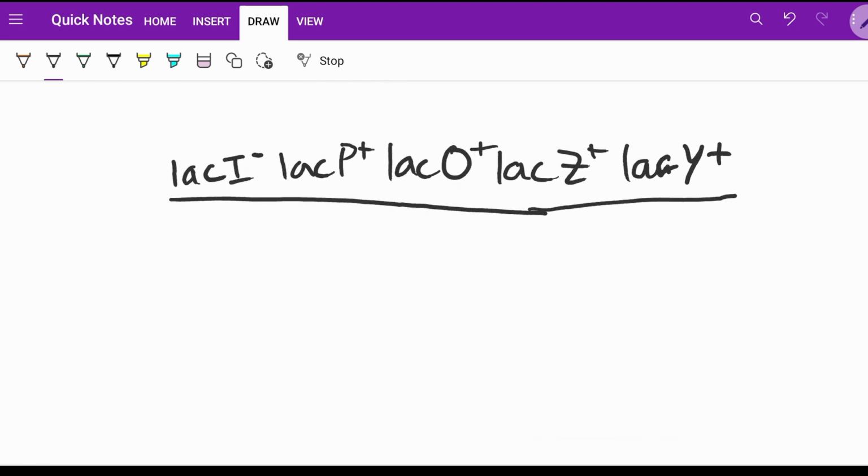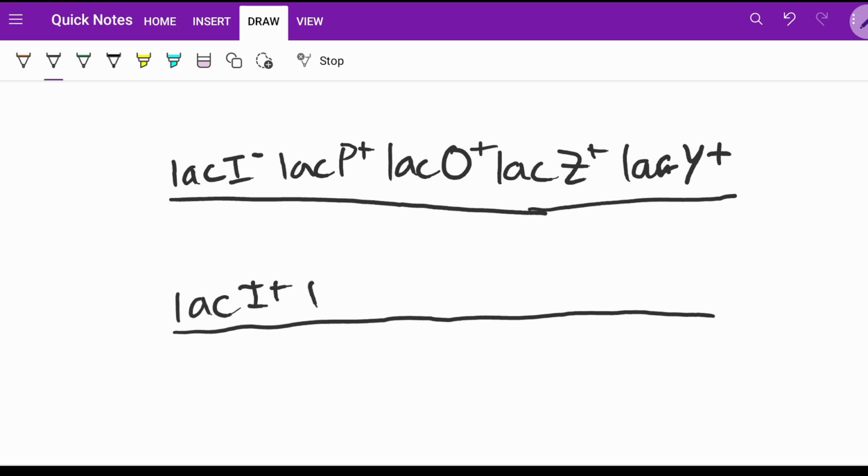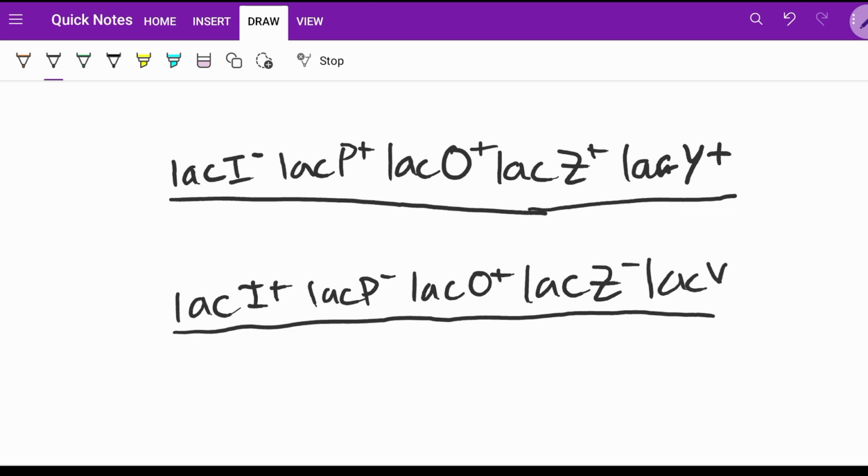And then we can also sometimes have these things called F plasmids. I will go into this more in the review video, but basically these plasmids contain mutated versions of these genes. So this F plasmid contains another lac operon, and this is lac I plus, lac P minus, lac O plus, lac Z minus, lac Y plus.